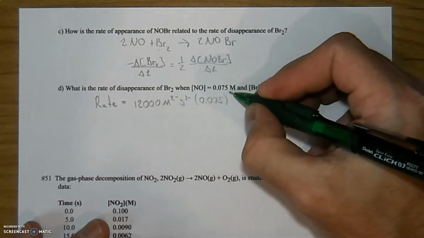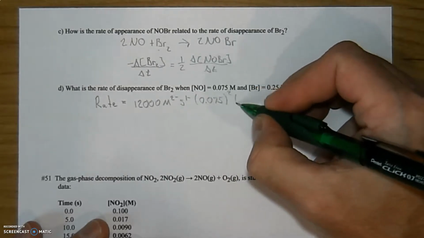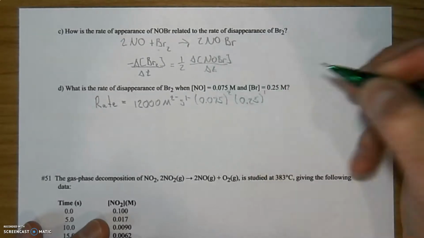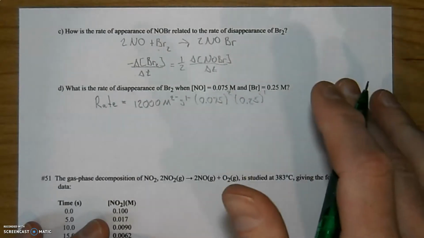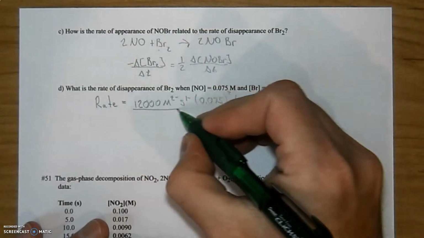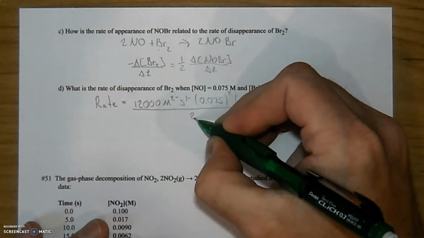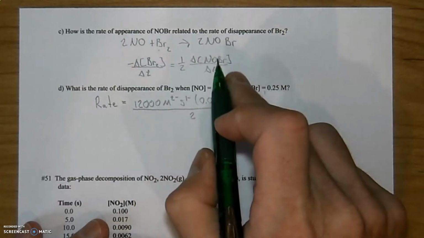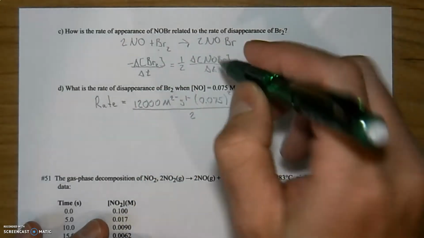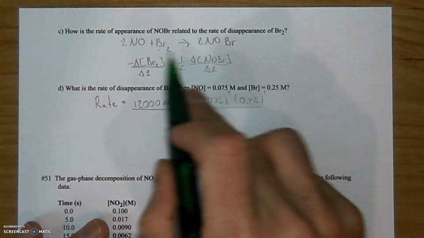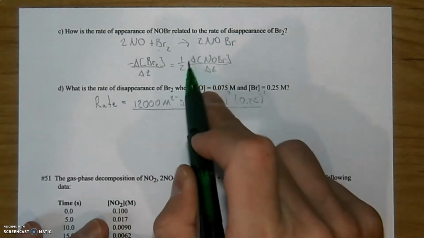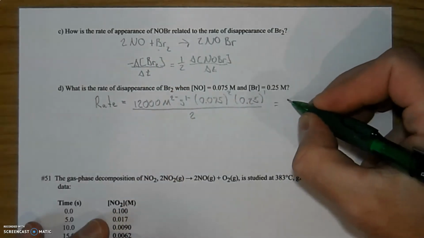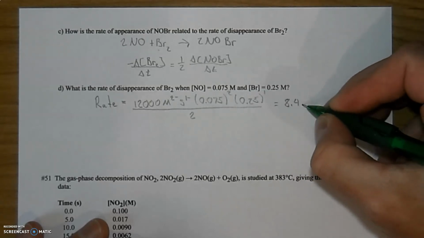Based on the rate law, that is squared, and 0.25, that's to the first order. This is everything that I would need, but I am going to go ahead and put in the 1/2 now, just to be done with it. Because this data is normally expressed simply as that, but with the addition of the 1/2 relationship, that is now in regards to Br2. And if I get an answer for that, that is 8.4 molarity per second.